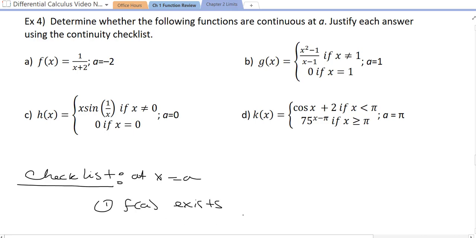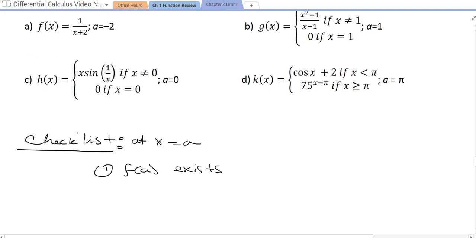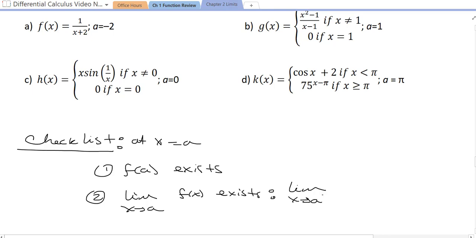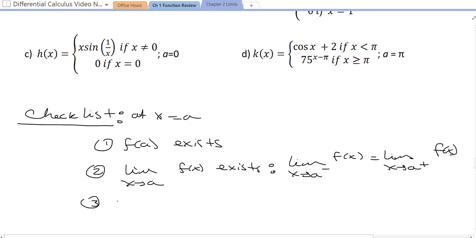So f of a has to exist. The second thing is that the limit as x goes to a of f of x exists. I like to break it down a little further: the limit as x goes to a from the left is equal to the limit as x goes to a from the right. That's what it means to check the second one. And then the third condition is that the function value and the limit are the same number.